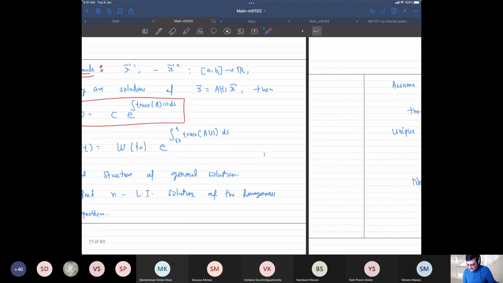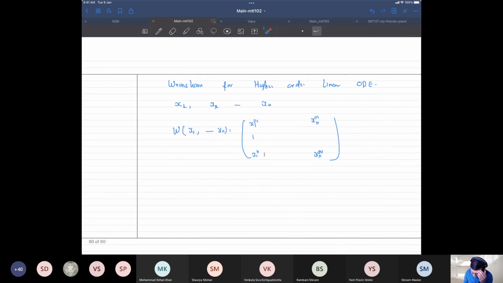Okay, hence the Abel's theorem for this case is very straightforward. So Abel's theorem in this case will tell you that the Wronskian at time t is the Wronskian at time t naught times the exponential of the integral from t naught to t of the trace. Now what is the trace of A here?